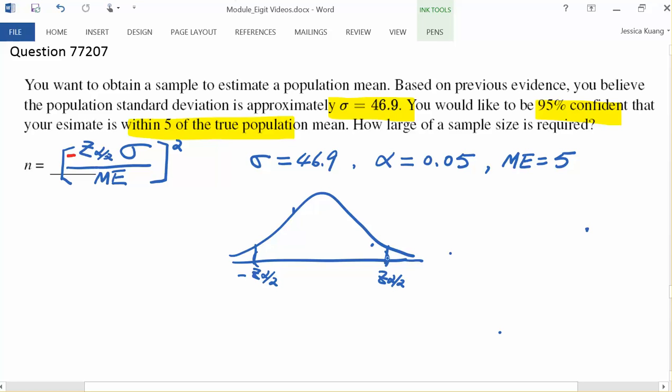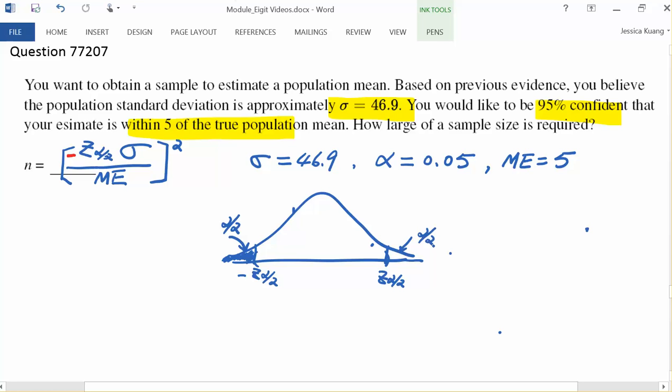Now the reason I want to find negative Z alpha over 2 instead of Z alpha over 2 is that with your graphing calculator, if you give the area to the left, which is alpha over 2, this is another alpha over 2.